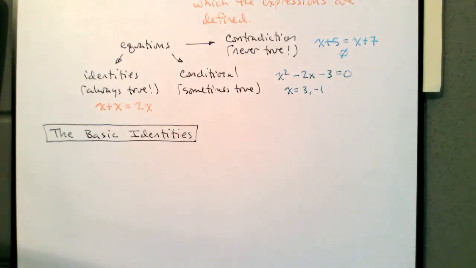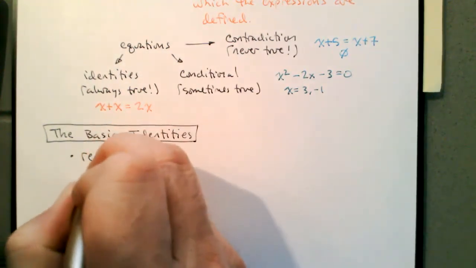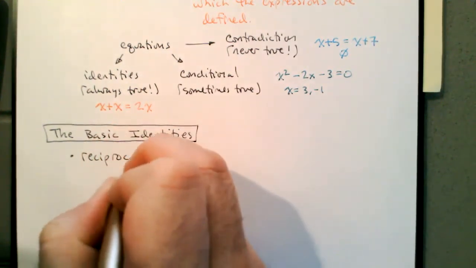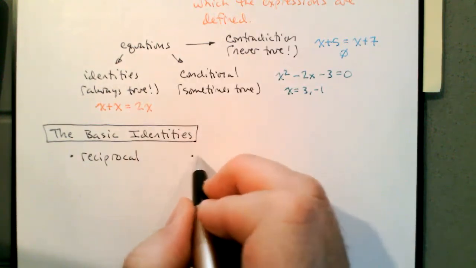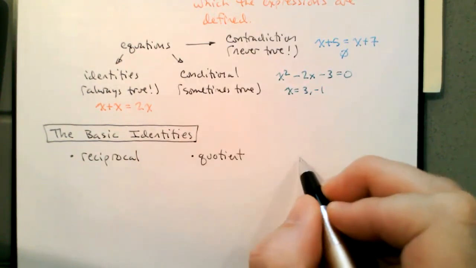So the book described three kinds of basic trigonometric identities. These are reciprocal, quotient, and Pythagorean.